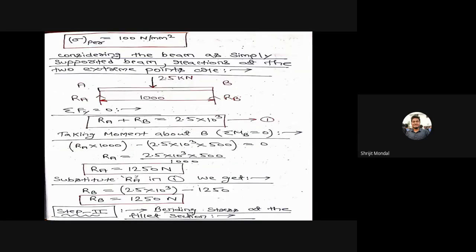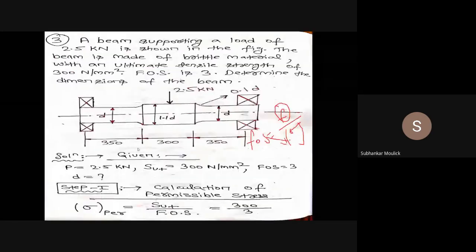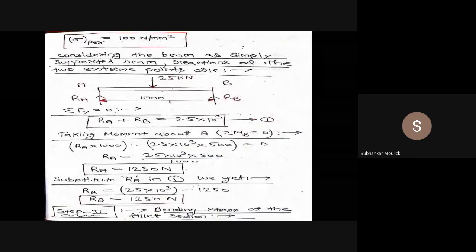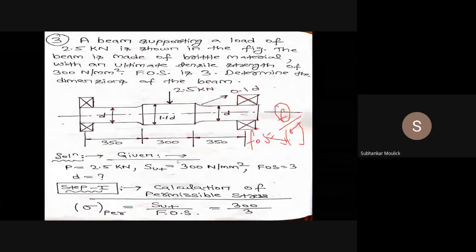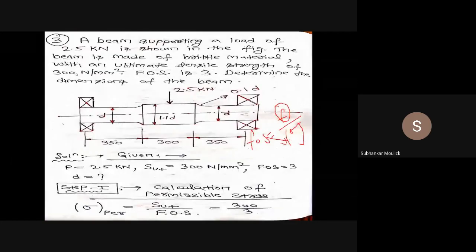No doubt, sir. Okay, so since it is a simply supported beam, the entire length of the beam is how much? 350 plus 300 plus 350, that is 1000 mm. Fine. These external supports will give a reaction to the beam. If this is end A, the reaction will be RA. If this is end B, the reaction will be RB, acting vertically upward.